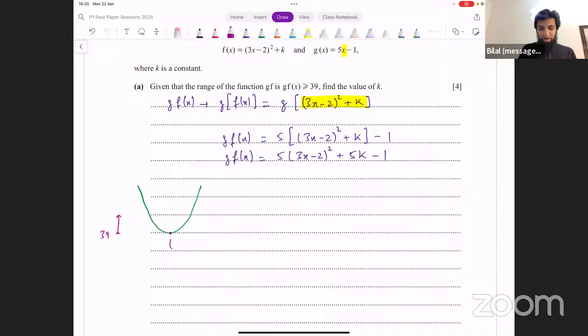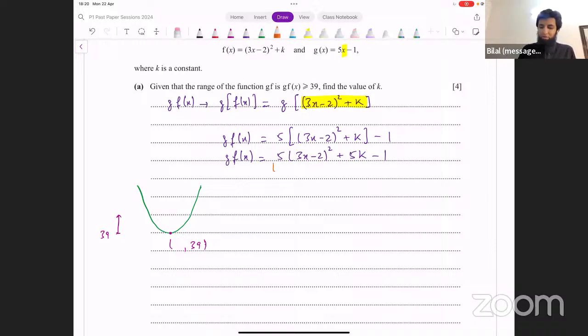And that means the y coordinate of the turning point, therefore, has to be 39. The y coordinate of the turning point has to be 39, because that is when the range of the function would become greater than or equal to 39. Right? If the lowest point is 39, that's when the range would be 39 or above.